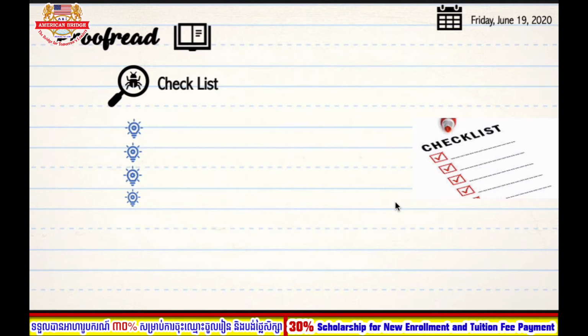So to revise your paragraph and to proofread your writing, there are some checklists to follow when you check your writing again. So what should you look for when you revise your writing? The first one, you need to ask yourself, does each sentence have a verb?